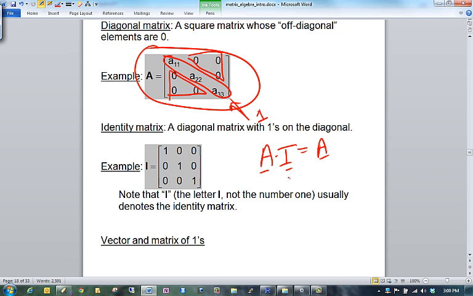So essentially, it's just like if I were to take the number 3 times 1, I get 3. If I were to take the number 10 times 1, I get 10 back. So the number 1 in a regular multiplication context is now extended to a matrix context through the idea of an identity matrix.